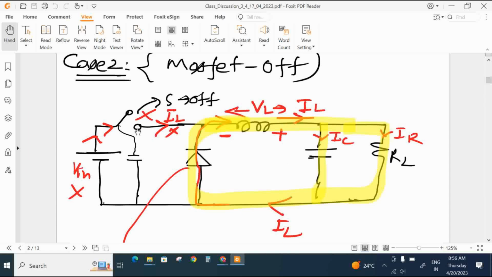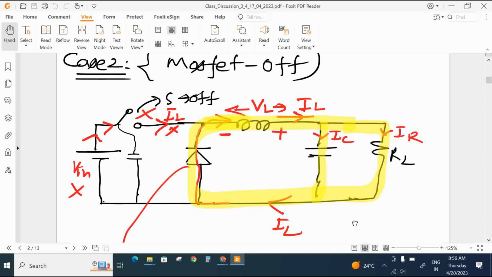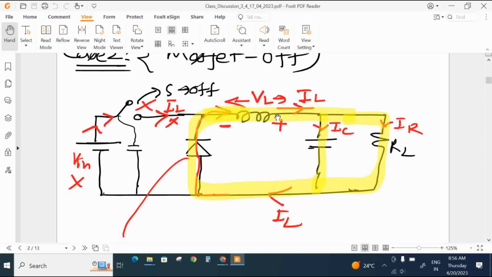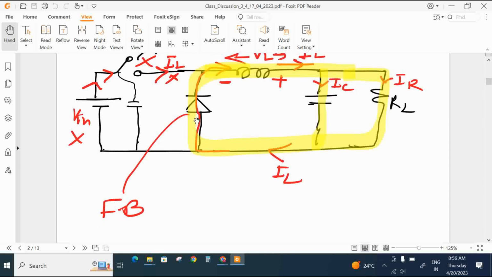In the first case your inductor and the output capacitor got charged. Then in the second case, when your MOSFET is off, whatever charge is stored in the inductor will flow across the output resistor, the load resistor. Accordingly you will get the output, and it will follow this path. At this moment your diode will be in forward bias such that the current follows this path and your current flow will be like that.